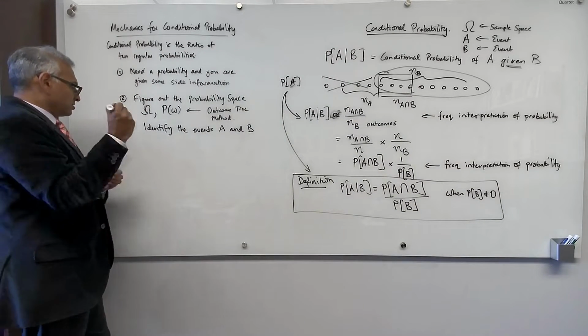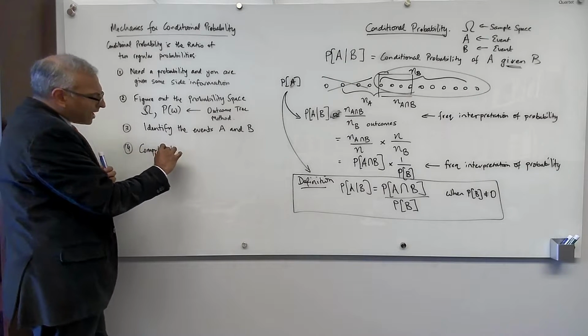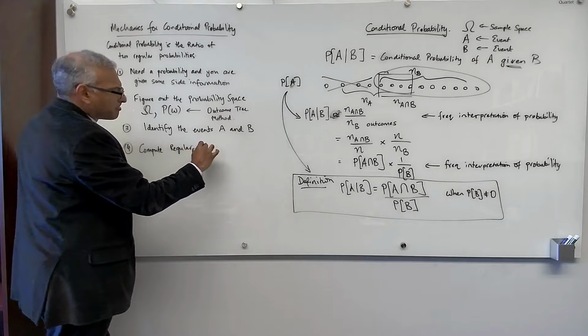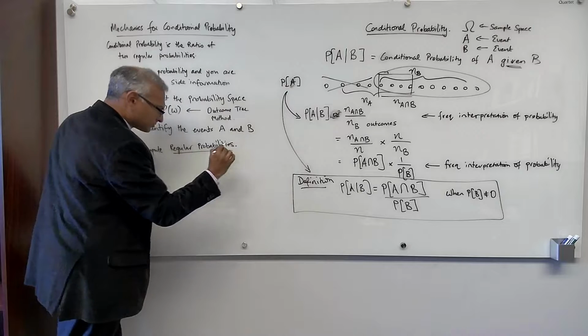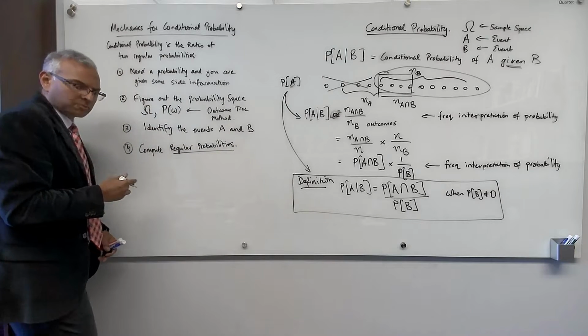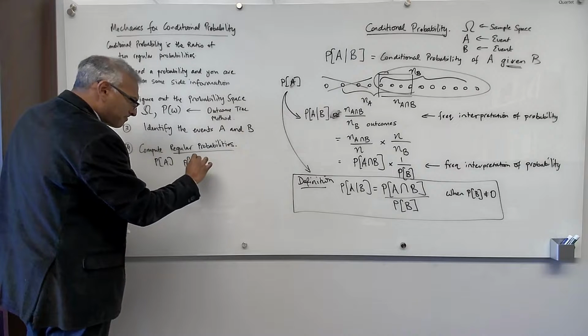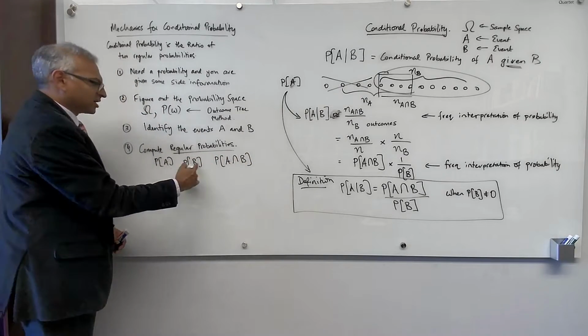Then you have to compute regular probabilities. In the normal way, you compute P of A, P of B, and P of A intersection B. How do you compute regular probabilities?